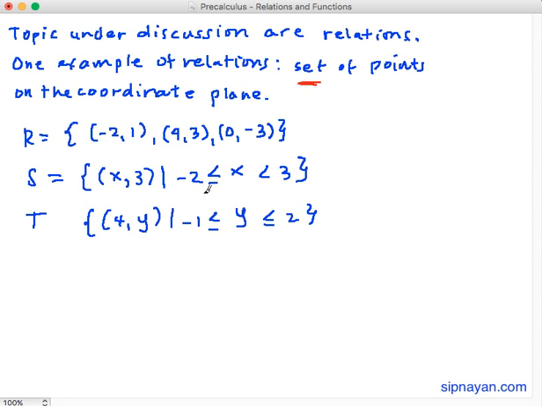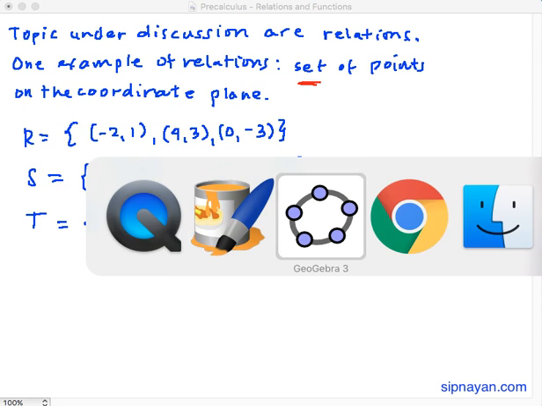But x is only from negative 2 up to 3, including negative 2, but not 3. Ganun din dito. We have the ordered pair for y such that yung y natin is between negative 1 and 2, including negative 1 and 2. So, yan lang ibig sabihin yan. Okay. Next.